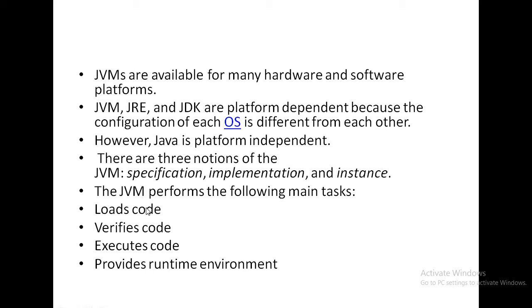First it loads the code. After that, it verifies the code, checking whether the .class file is correct or not. If the .class file is correct, it executes the code and provides a runtime environment. So these are the different tasks: loads the code, verifies the code, executes the code, and provides a runtime environment.